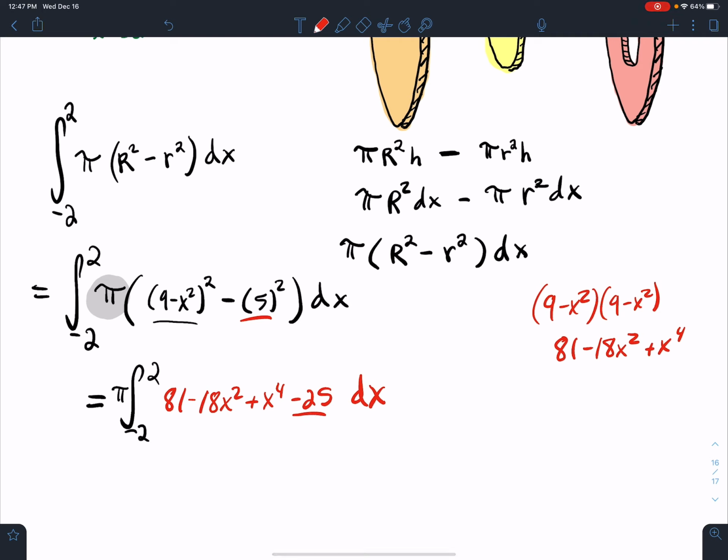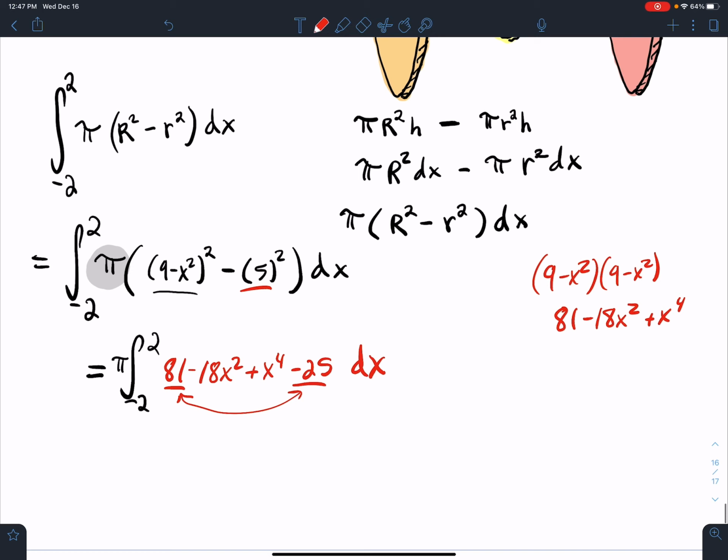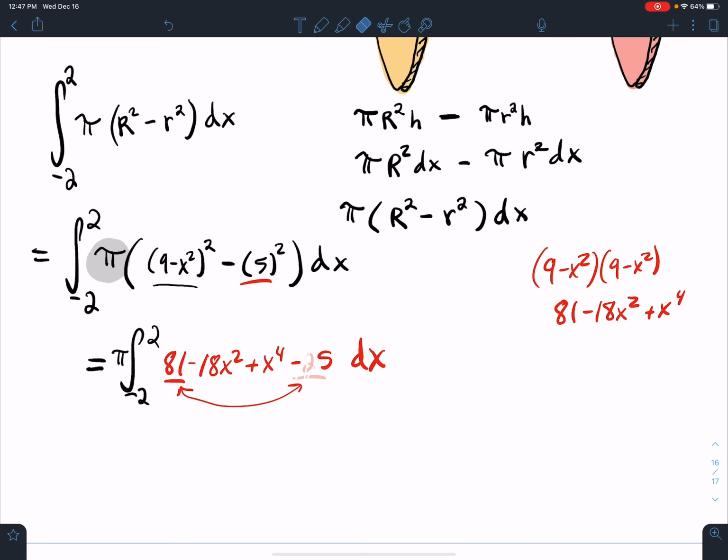And so you can collect like terms here. 81 minus 25 is 56, I think. So I'm just going to delete this and turn that into 56.